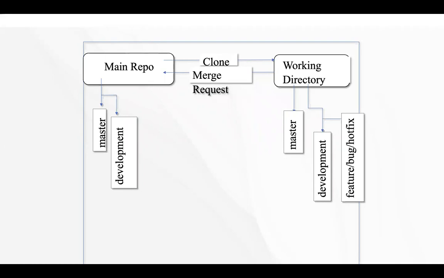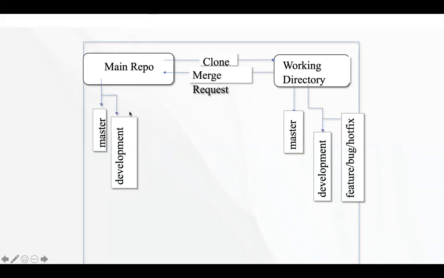Now I am going to explain how the workflow will be. I am going to do some hands-on on Git. It will be more helpful for you to understand it. In hands-on, we will have a main repository which has master and development branches.